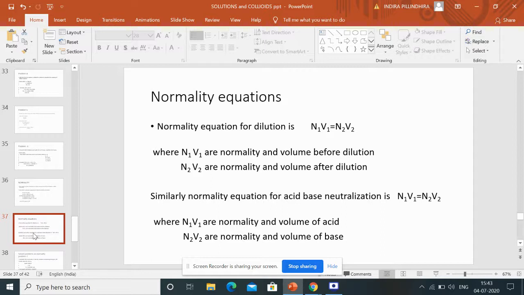Similarly, the normality equation for acid-base neutralization is N1V1 is equal to N2V2, where N1 and V1 are normality and volume of acid, and N2 and V2 are normality and volume of base.